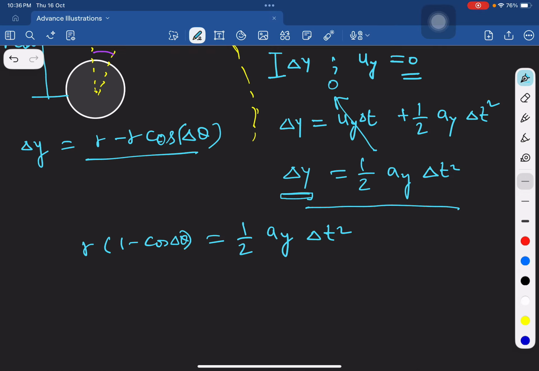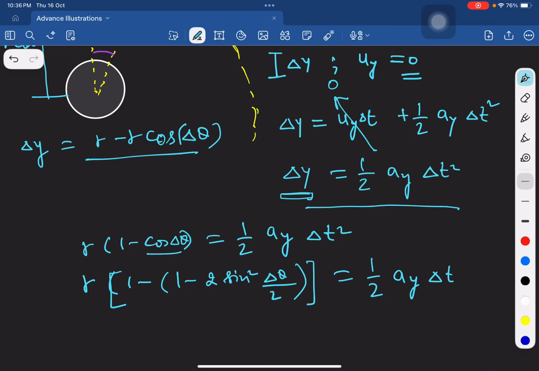So if you see r into 1 minus cos delta theta guys, I am just going to use some approximation. Cos delta theta I am converting into sine form. Cos delta theta can be written as 1 minus 2 sine square delta theta by 2. I hope you know this thing guys. It's a very simple approximation that I have done, is equal to half ay delta t square.